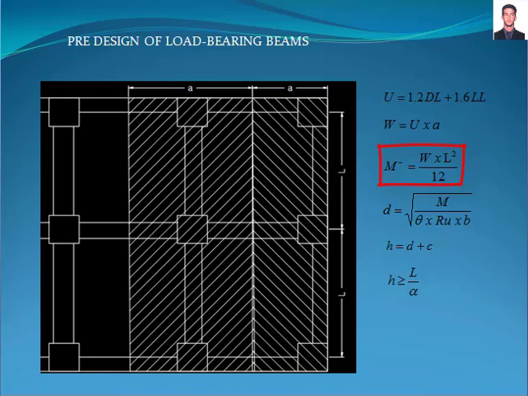With the theoretical moment calculated, we proceed to calculate D, which is the distance from the extreme compression fiber to the centroid of longitudinal tension reinforcement of the beam, where B is the width of the beam, Phi is the strength reduction factor, and Ru is a value based on the reinforcement ratio and the strength of the concrete to guarantee the ductility of the beam. The final preliminary height of the beam is the sum of D plus C, where C is the cover distance.